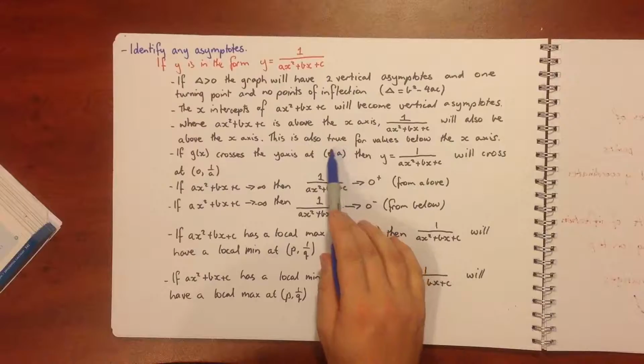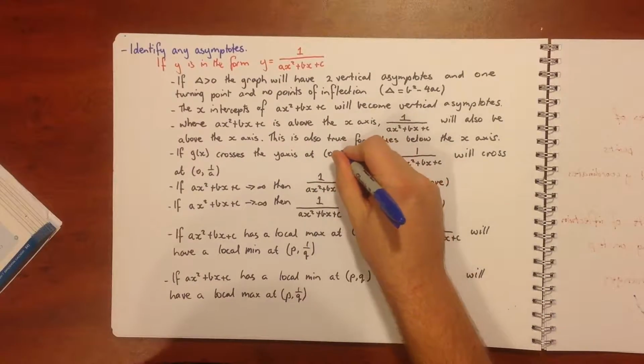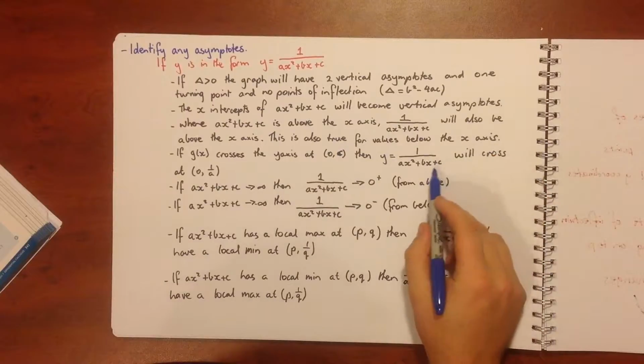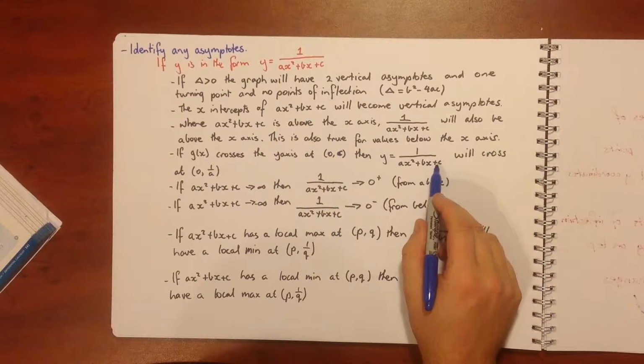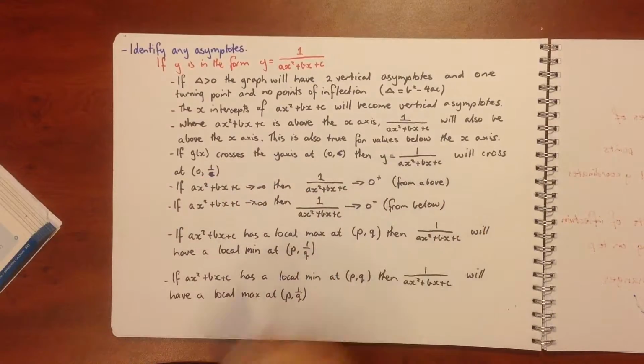Basically, this is probably better if we call that c, because it's our c value here, then we'll cross at 1 on c for this graph. If ax squared plus bx plus c approaches infinity, then 1 over ax squared plus bx plus c approaches 0 from above.